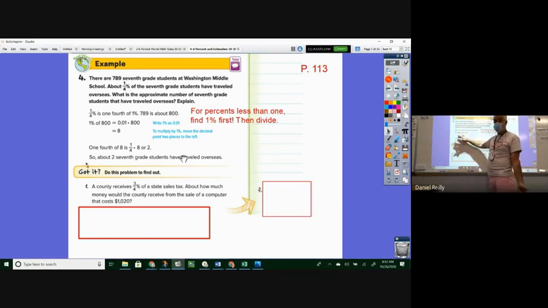So 8 would be 1%, and now to find a quarter, that's just 1/4 of 8, divided by 4, which is 2. So the answer is 2. 2 kids out of 789 have traveled overseas. That's a very, very small amount, less than 1/100th of them.